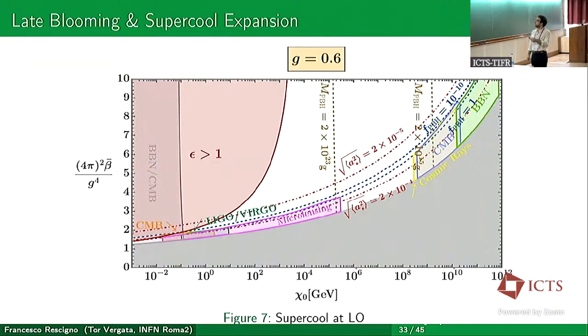So if you want, in a generic RSB model, to produce at least a certain amount of primordial black holes that can account for a fraction of the dark matter present in the universe, then you have to take K0 below 10^9 GeV. Otherwise, you are in this region, and in this region, black holes are all evaporated.